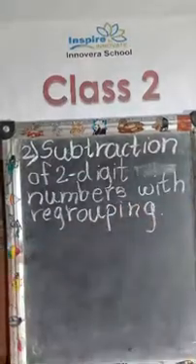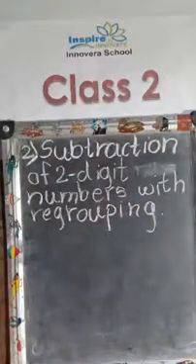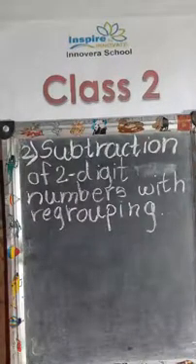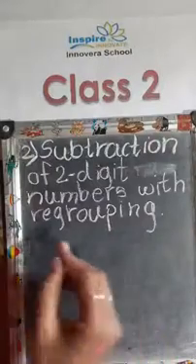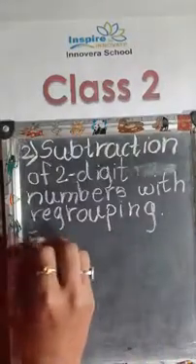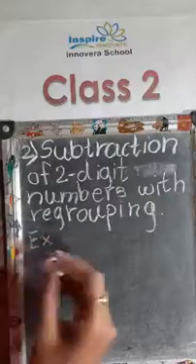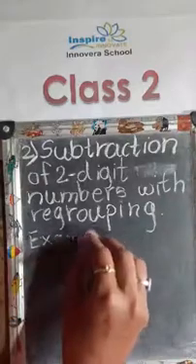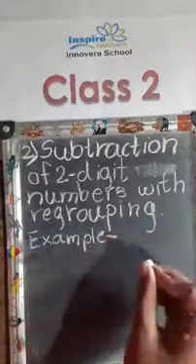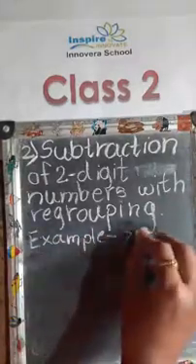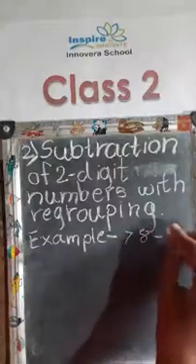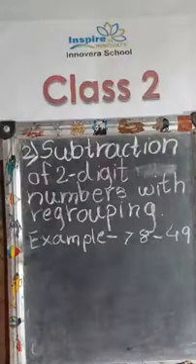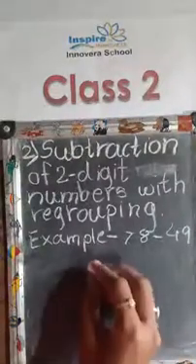Now here I am going to explain how to do regrouping, subtraction of two-digit numbers with regrouping. I will show you an example. The example is 78 minus 49. First of all we will make the tens and ones columns.